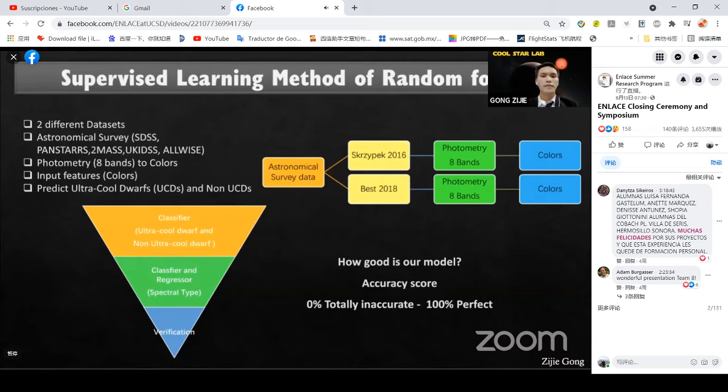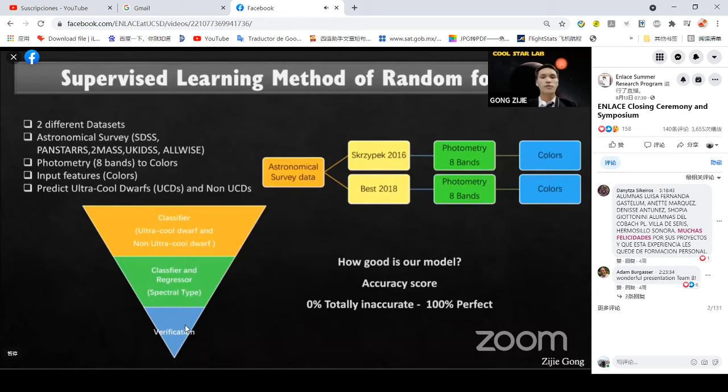Then we built a random forest classification based on these colors to classify our sources as either ultra-cool dwarfs, UCDs, or non-ultra-cool dwarfs, non-UCDs. To verify the UCDs that were predicted, we built a random forest classification and regression to predict the spectral type of each source and compare it to the data in the astronomical database.